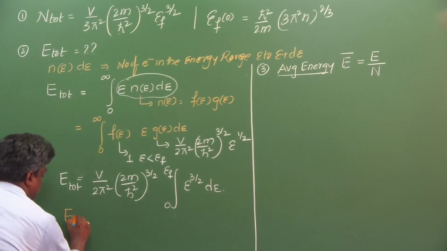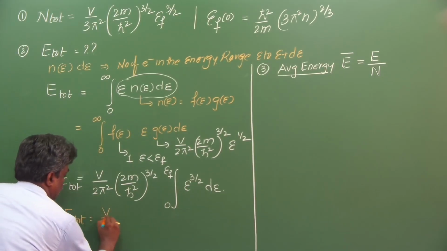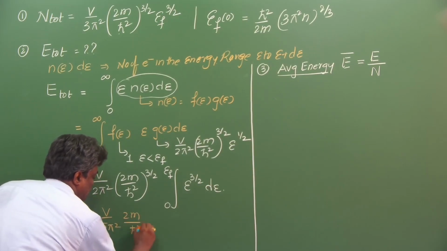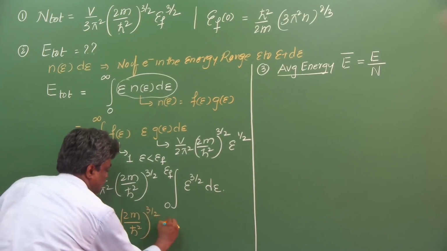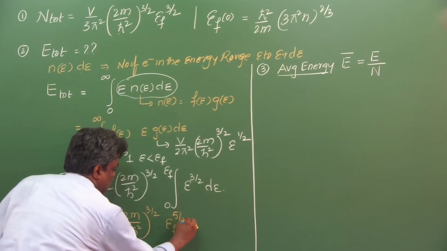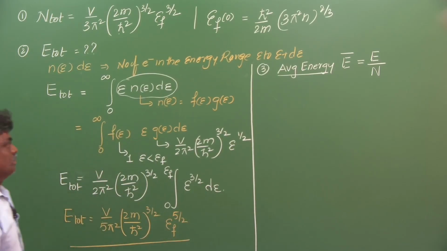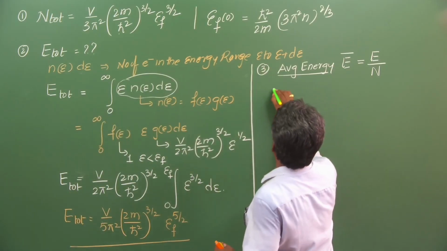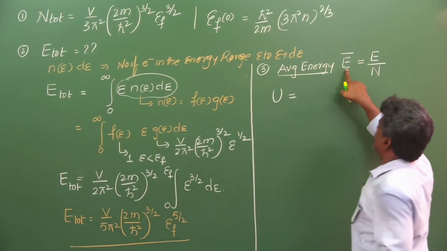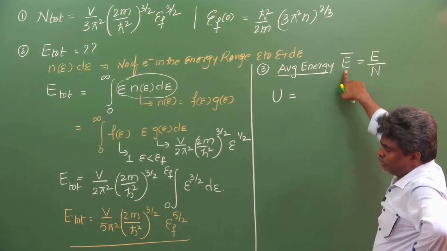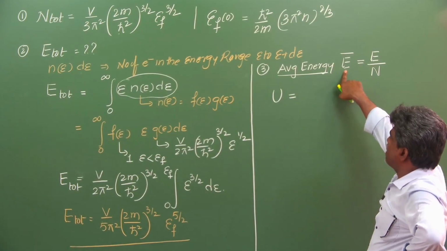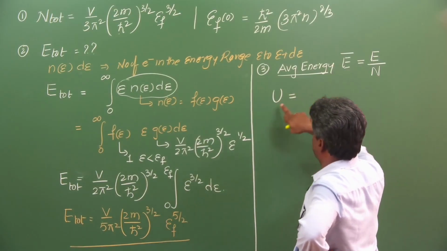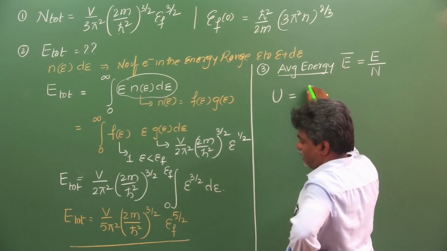Once you divide both, the average energy, I am taking U or E bar, anything you can take, no issue. Internal energy, average energy, E bar, U, anything. So E by N, how much?